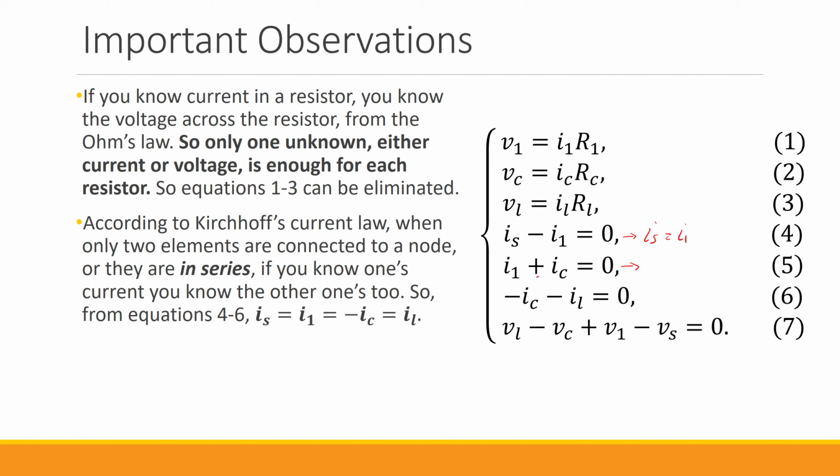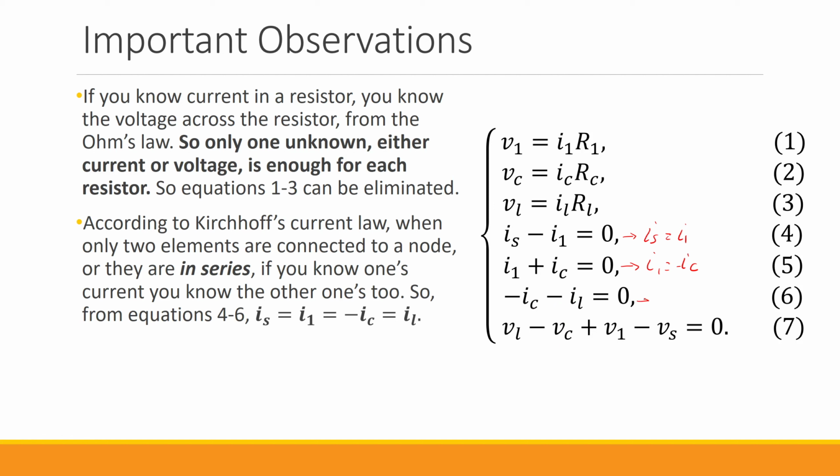Let's just see what we get for the second one. We have I1 plus IC equals 0. So that means that I1 equals negative IC. What about the last one? Negative IC minus I1... no: negative IC plus IL equals 0.